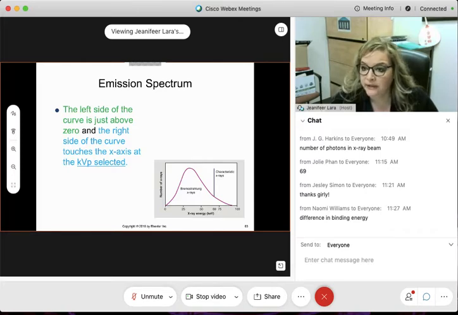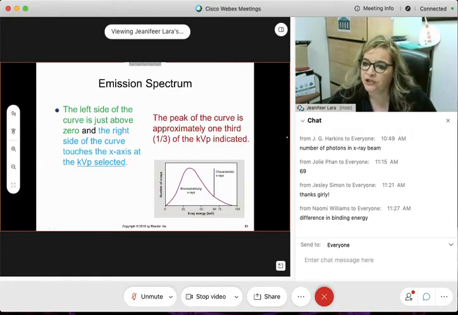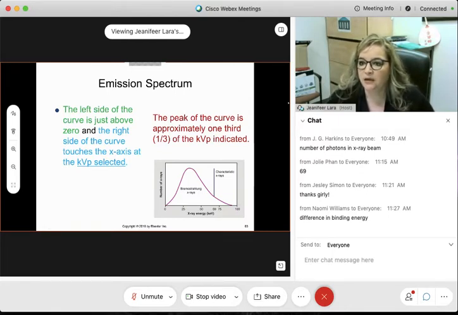One of the things that you really need to understand is that even though we selected the speed, the keV of our filament electrons, we didn't quite achieve a high number at this selection. So the rule of thumb, and this is about as efficient as we can go, is that the peak of the curve, which is right here, because this is a curve on a graph, is approximately 1/3 of the KVP selected.